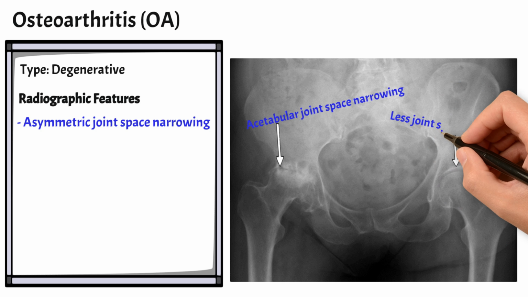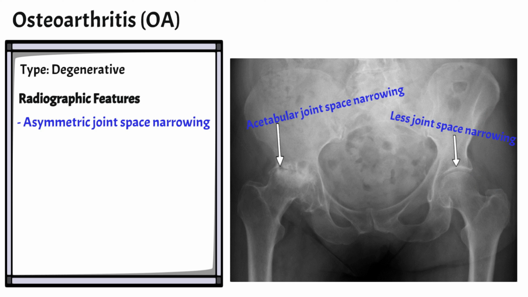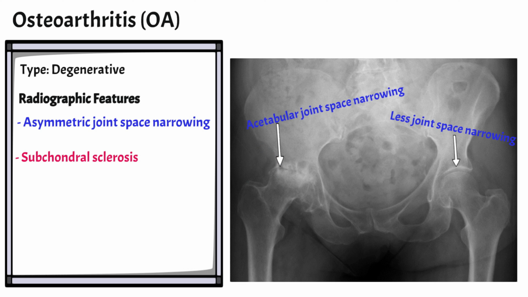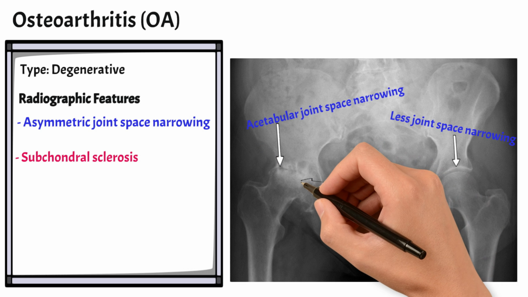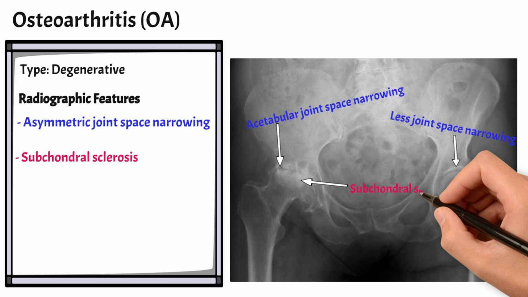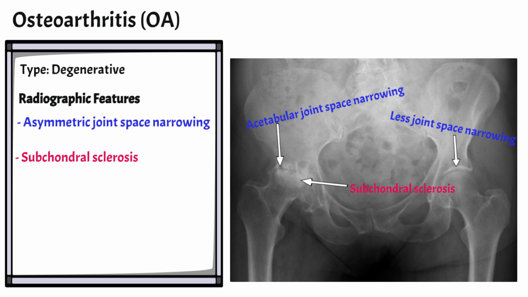Our next radiographic feature that we will be looking at is subchondral sclerosis. Subchondral sclerosis is when the bone becomes thickened and hardened underneath the cartilage in a joint. Due to these changes, it appears as these white areas that we can see on the affected hip. This is a characteristic appearance of classic OA.